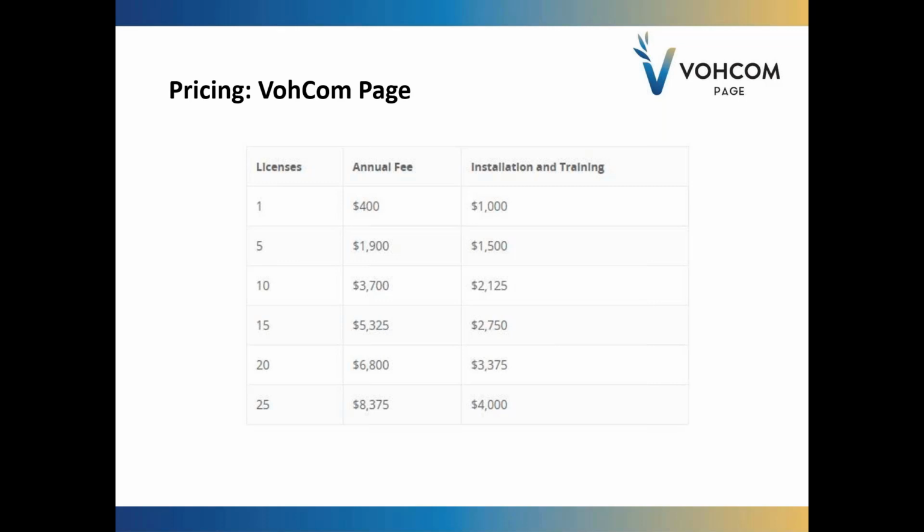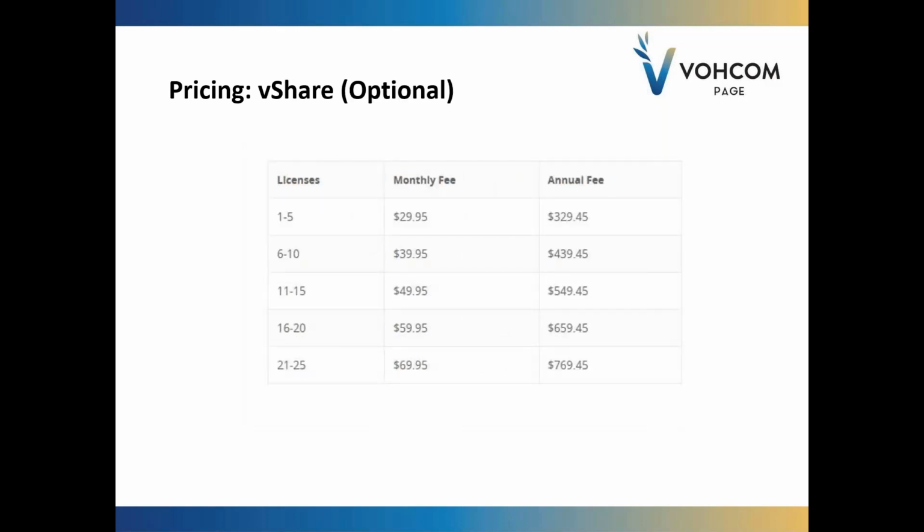For a 25-person firm, it's $83.75. vShare pricing is very competitive for a secure file sharing server. 1 to 5 licenses is an annual fee of $329.45, and for 21 to 25, it's $769.45. If you compare that to the other secure file sharing service, you'll find that to be very competitive.